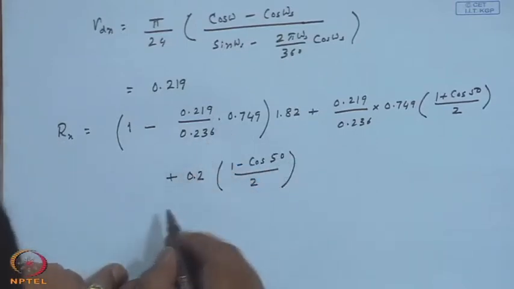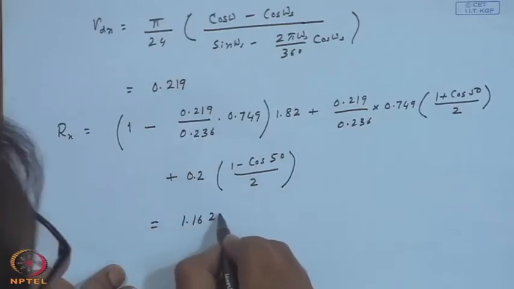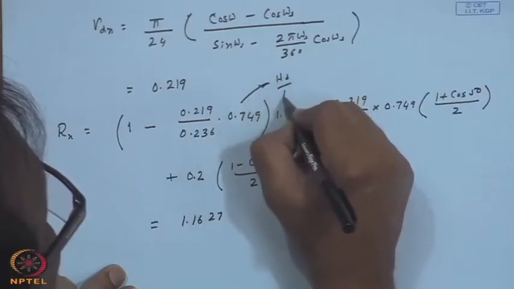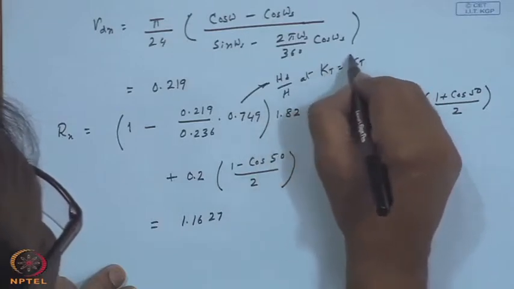Let me finish, I will explain, I am sure you have a doubt. 1.1627. This is Hd by H at Kt equal to numerically Kt bar.